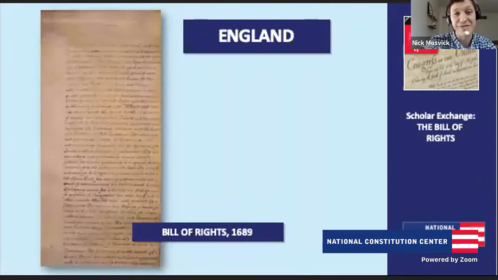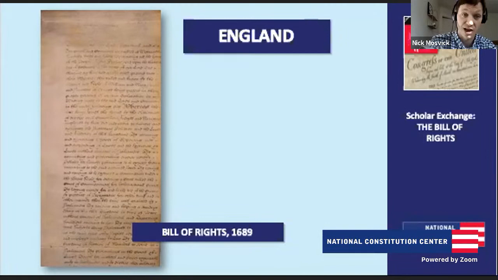Toward the end of the 17th century, the Glorious Revolution in 1688 resulted in King James II losing the throne, and parliamentary supremacy, meaning that Parliament, not the king, was the ultimate sovereign in the British government, took control.